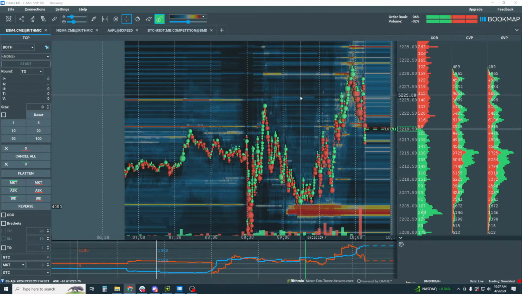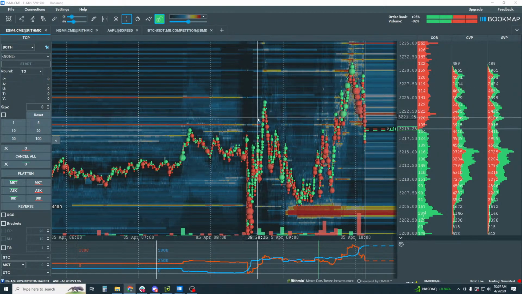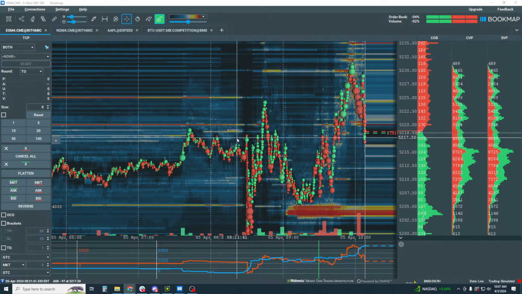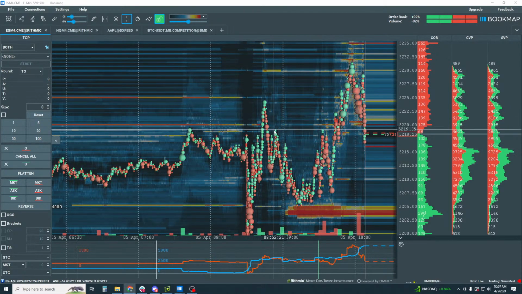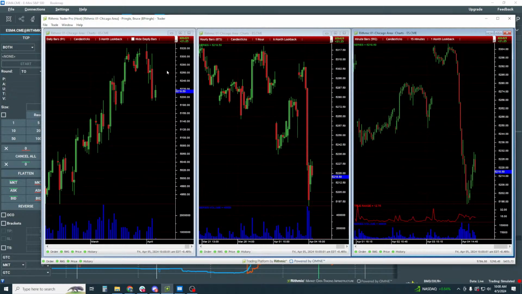All right, so let's just take a big step back and look at this picture here. What's going on? We have had a lot going on this last week over in Bookmap. We'll step back and look at our candlestick chart, the daily on the left, the hourly in the middle, and the 15-minute on the right.